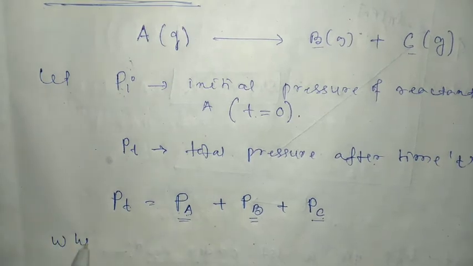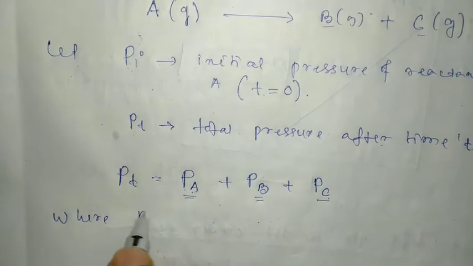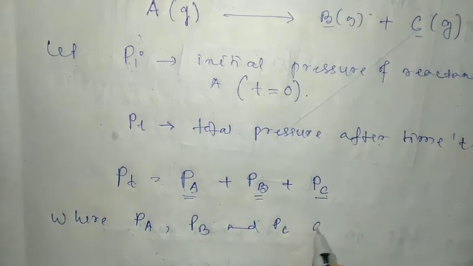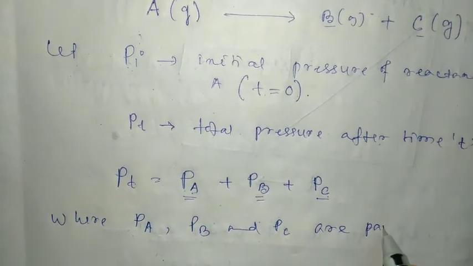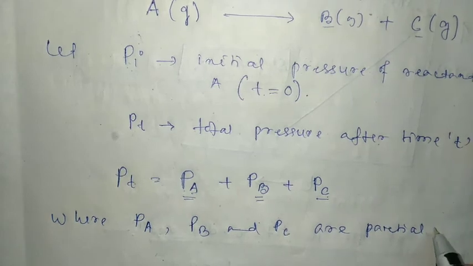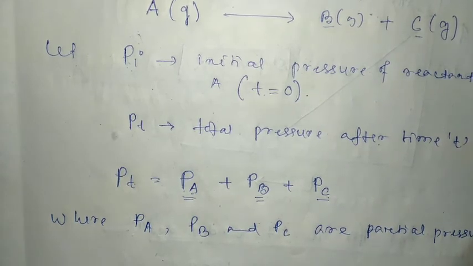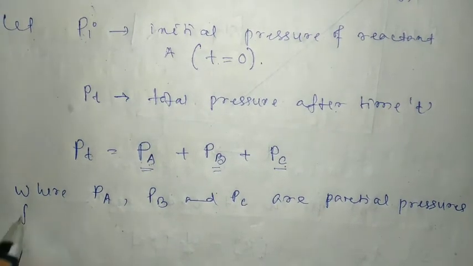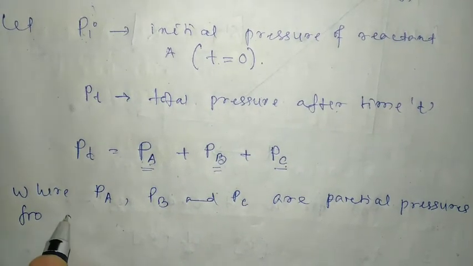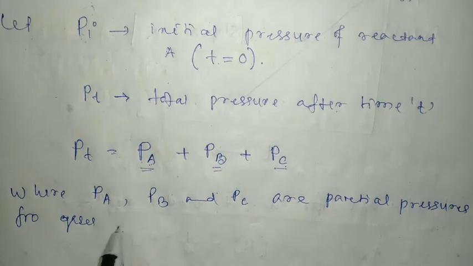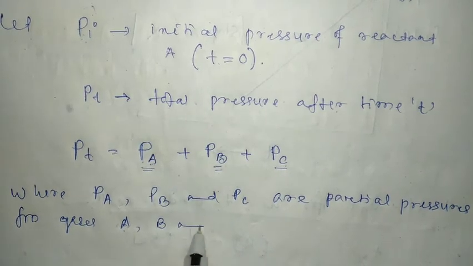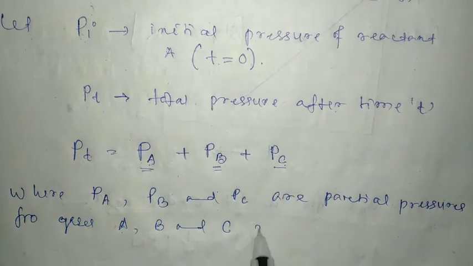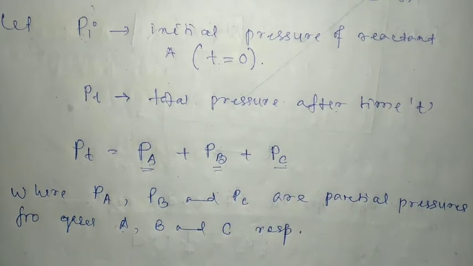So where PA, PB and PC are the partial pressures for gases A, B and C respectively.